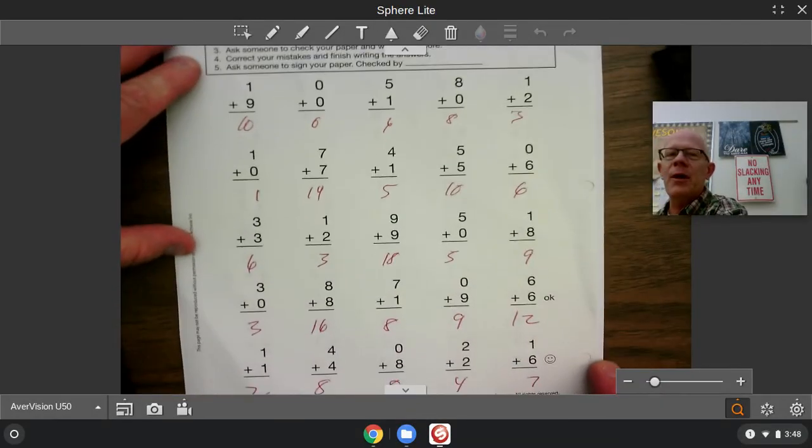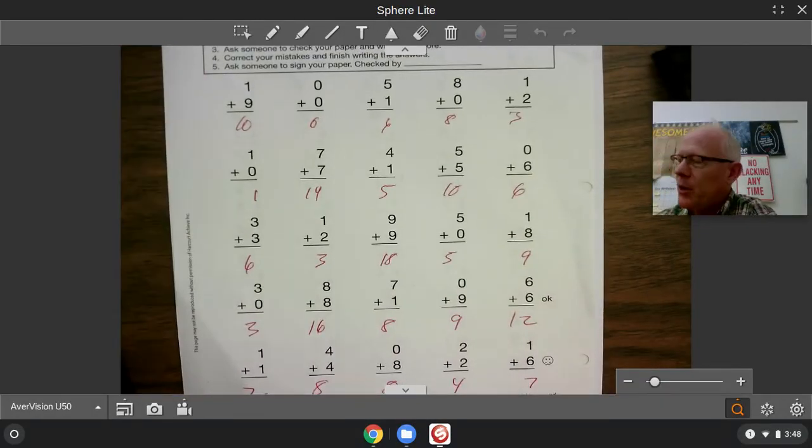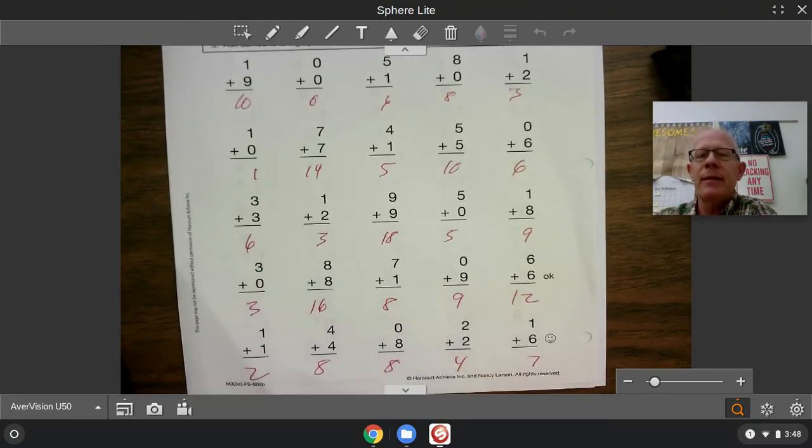So these should be all the right answers, and you can check yours with mine. If you did it as fast as I did, wow, that's pretty good. I'm not the fastest in the world. Sometimes my brain doesn't think so fast when I do subtraction, but it's pretty fast when I do adding, and that's why I go from this side so I can see the next one's coming. Did I make any mistakes that you can see?